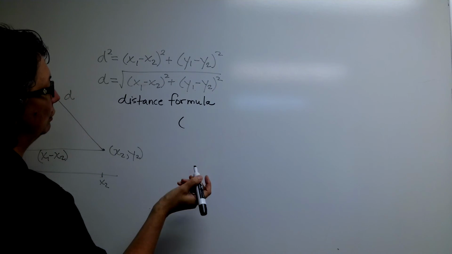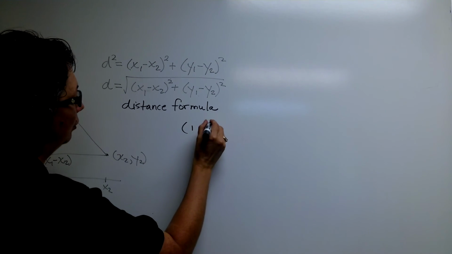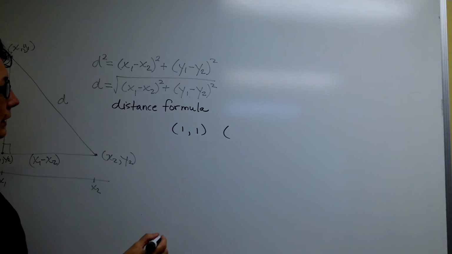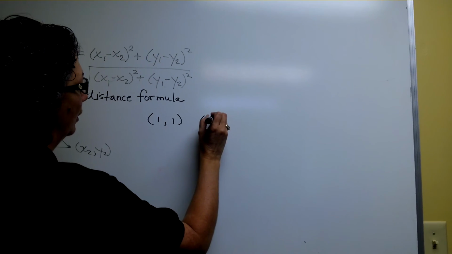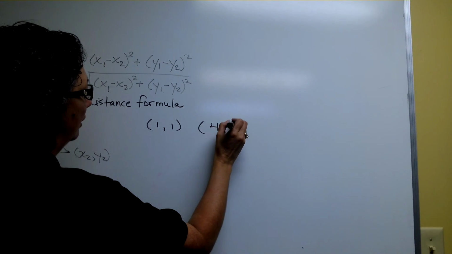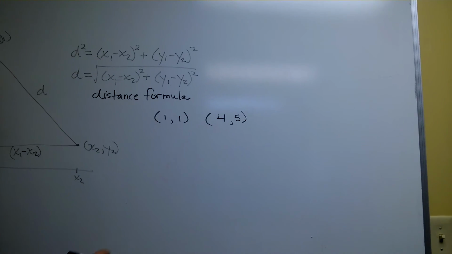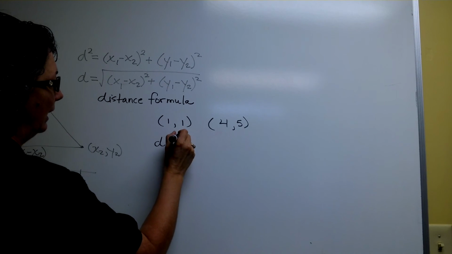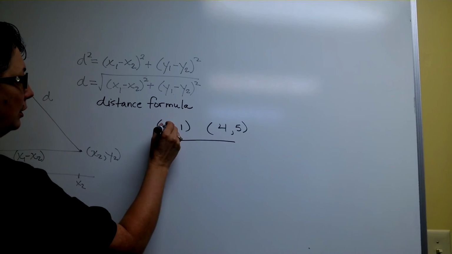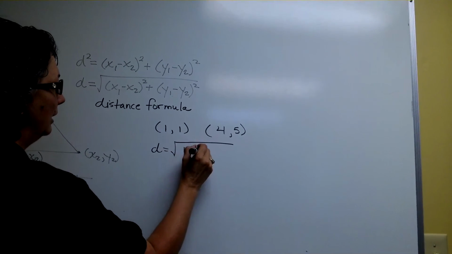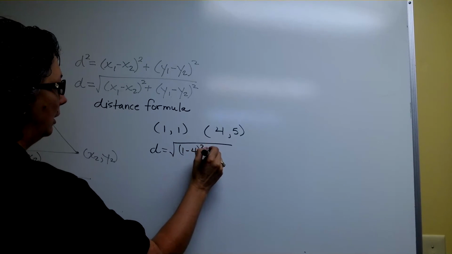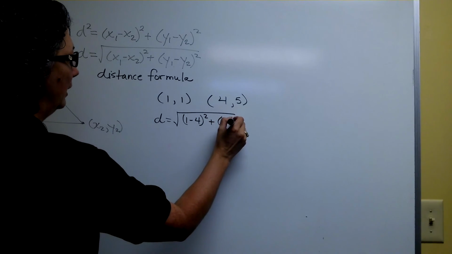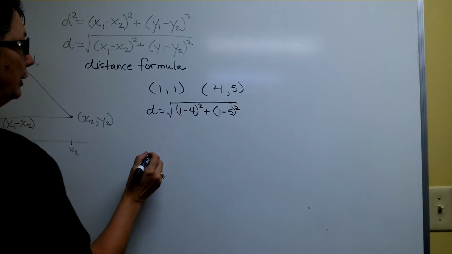So if I have the points 1, 1 and 4, 5, I can find the distance between them simply by saying the square root of 1 minus 4 squared plus 1 minus 5 squared.